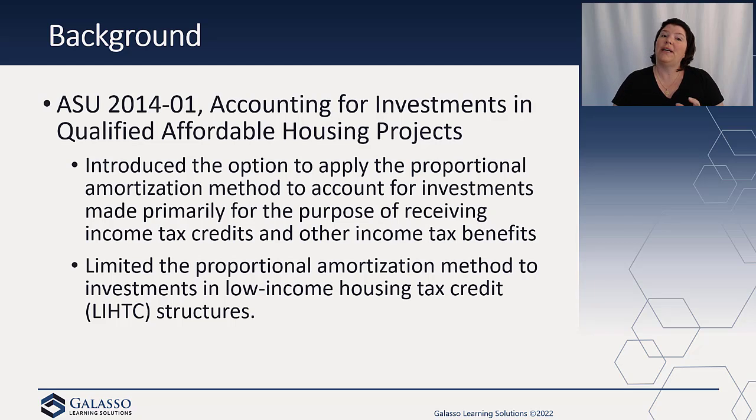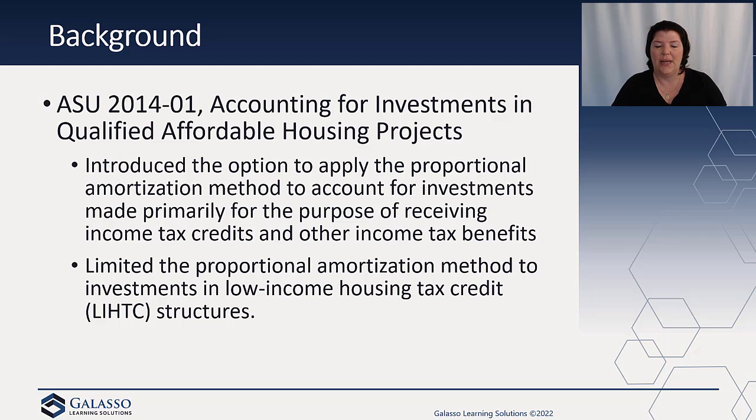And so when we look at this, the gains and losses related to the income tax benefit would be then running through obviously that income tax expense. And so investments in other tax credits that are typically not going to meet the requirements of ASU 2014-01 are accounted for either under the cost or potentially equity method of accounting, and that results in investment gains and losses being presented gross on the income statement in their respective line items.